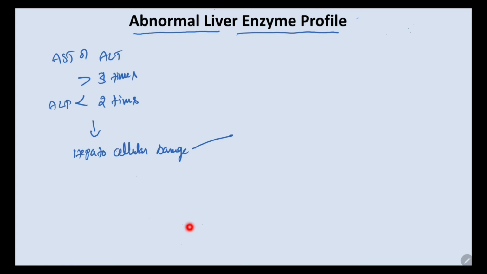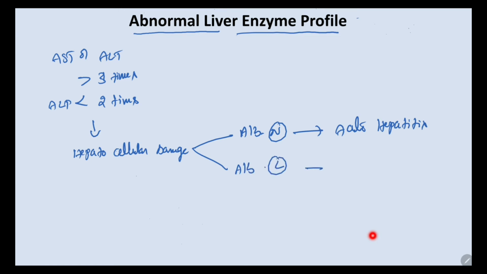Now if you see albumin values, if albumin is normal, it will be acute hepatitis. If albumin values are low, it will be chronic hepatitis.